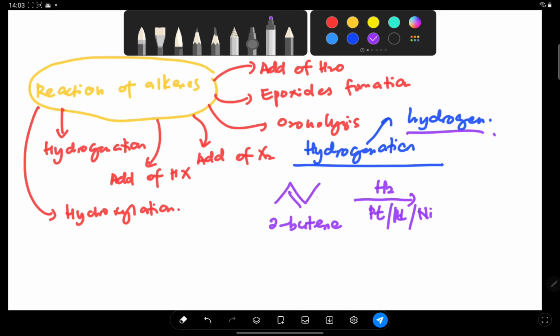So basically this reaction is an addition reaction, which means that you add hydrogen at the unsaturated part, which here we call the unsaturated part. So you add hydrogen here. At the end of the reaction, you will get this.